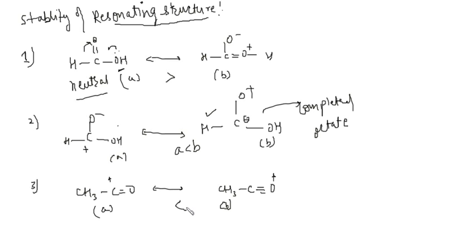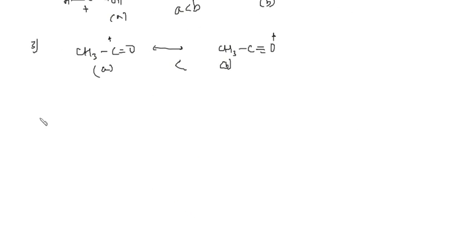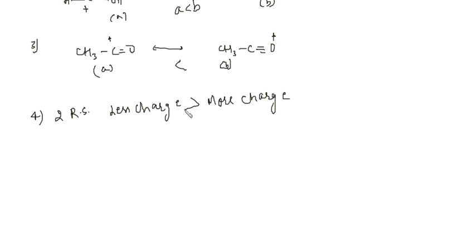So we say B is more stable than A. The resonating structure having less charge will be more stable. Suppose we have two resonating structures, and one has less charge and one has more charge. The compound having less charge will be more stable.